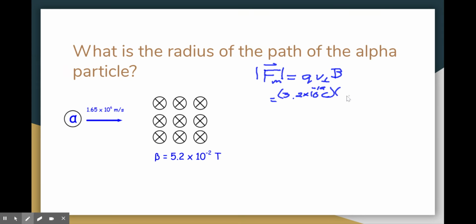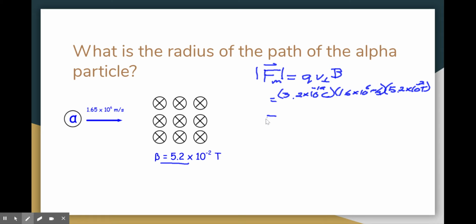multiplied by the speed of the alpha particle, 1.65 times 10 to the 6 meters per second, multiplied by the magnetic field strength, which is 5.2 times 10 to the minus 2 Tesla.